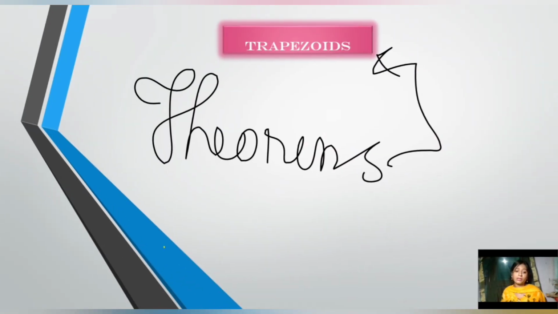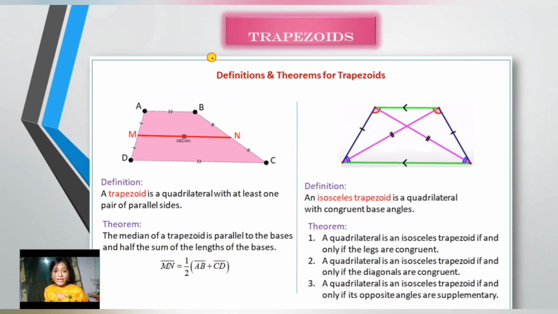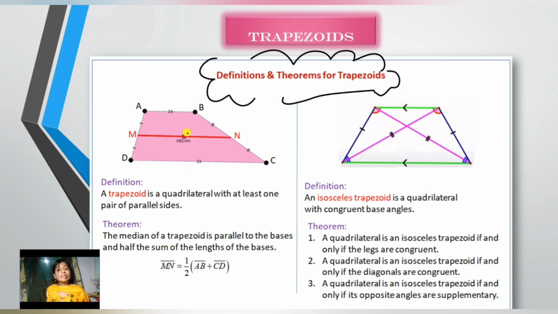Now let's learn about the theorems of trapezoids that will help us to solve the questions. So here let us revise once again the definitions and theorems of trapezoids. Here we are having a quadrilateral ABCD.